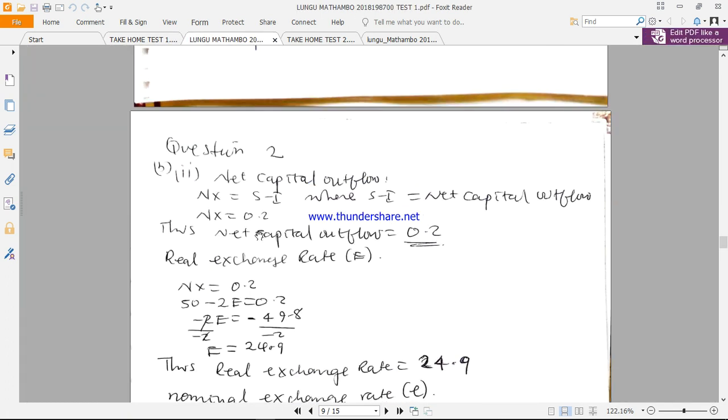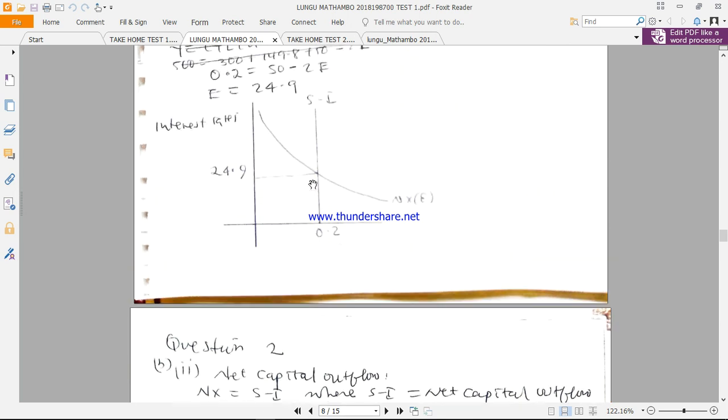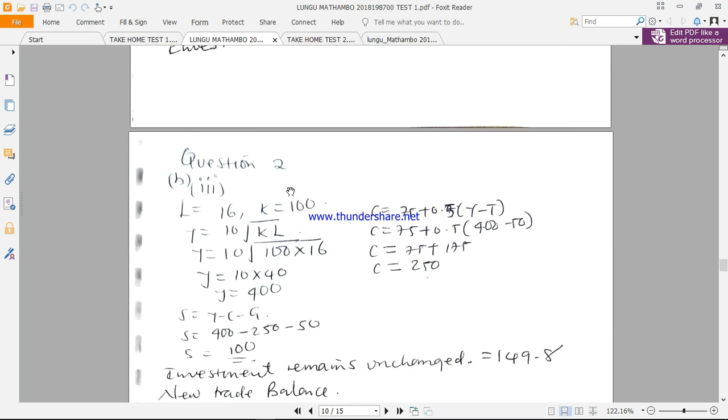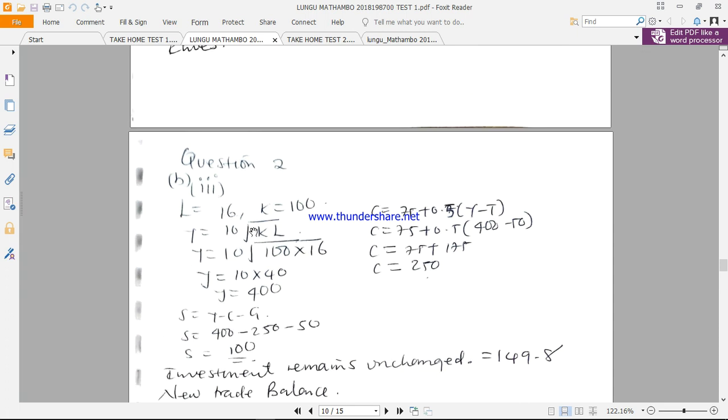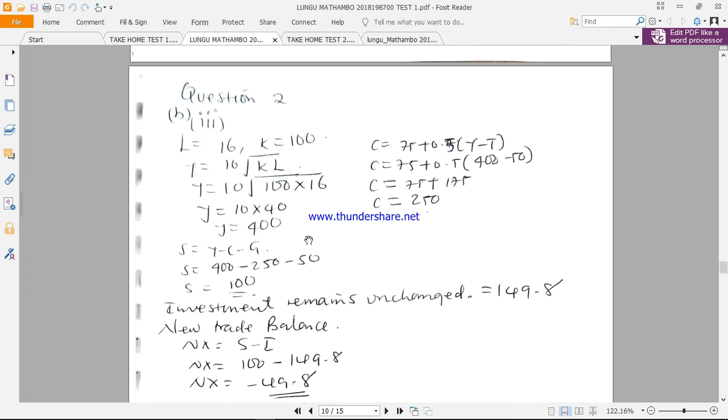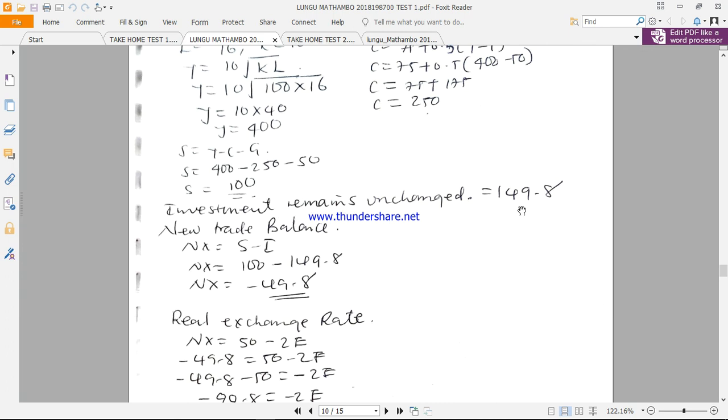So investment remains unchanged at that very level, because none of its variables are affected by what has happened. What is the new trade balance?